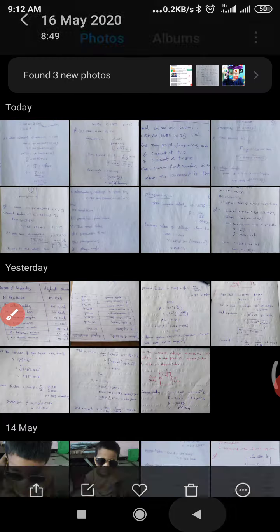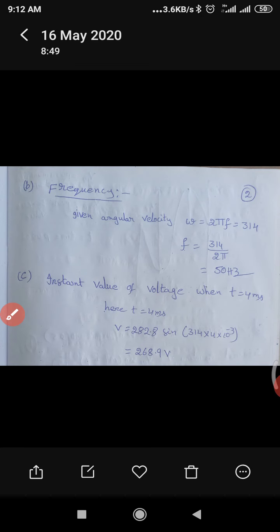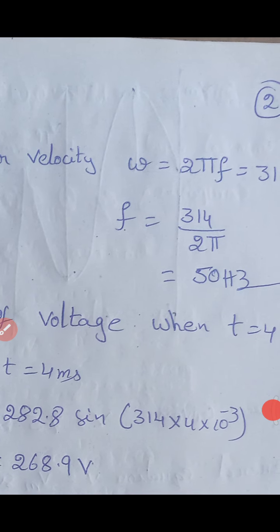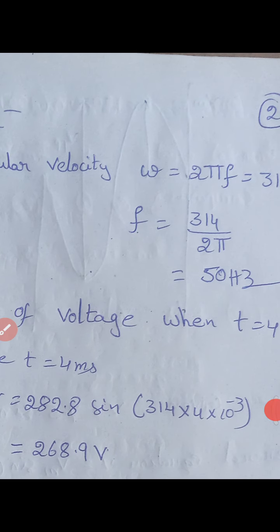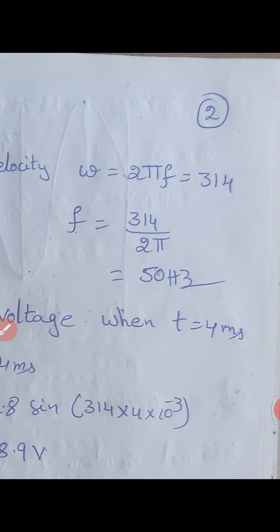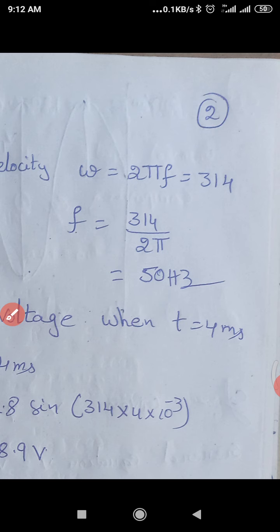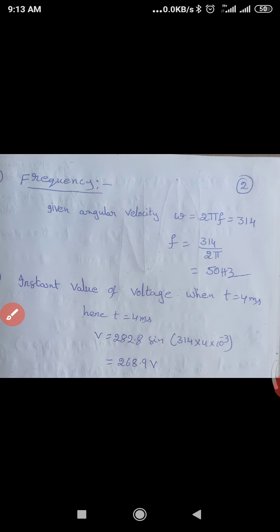Now we get f as 314 by 2 pi. If we substitute this, we get 50 hertz. That is the frequency of the given cycle.